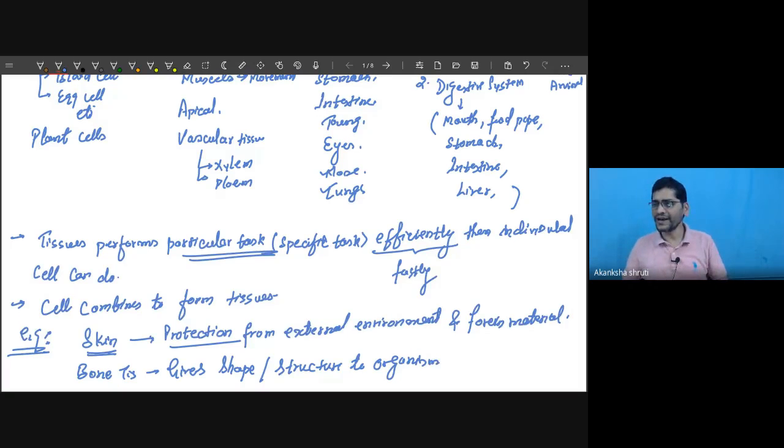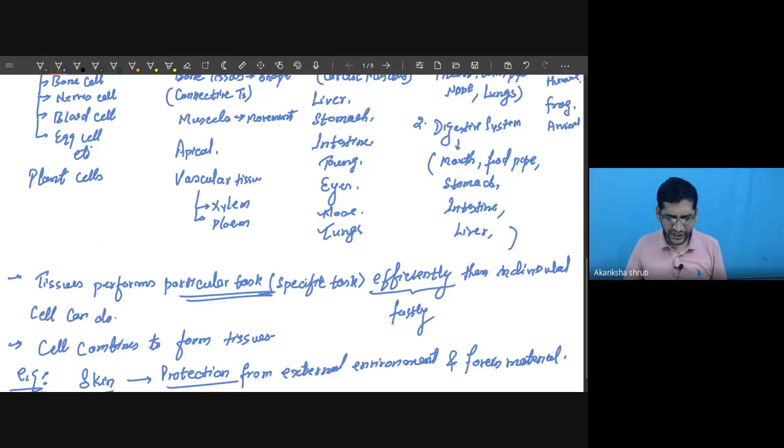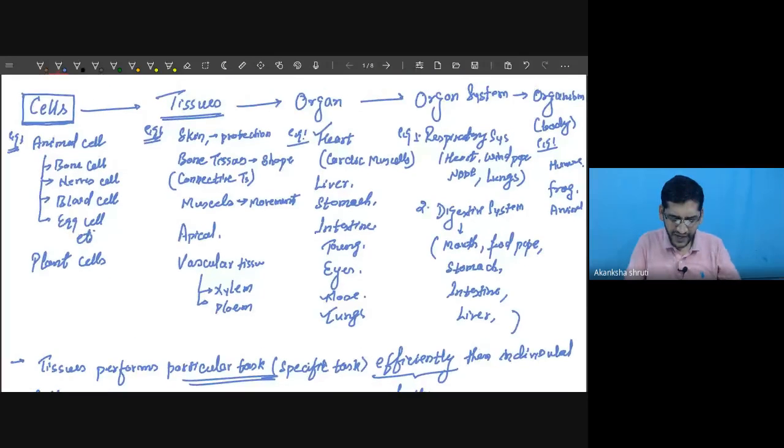Like the bone of a human is different from the bone of a cat. So it gives the structure. Like blood. Blood is also a tissue. Okay, students. This blood is called the fluid connective tissue.